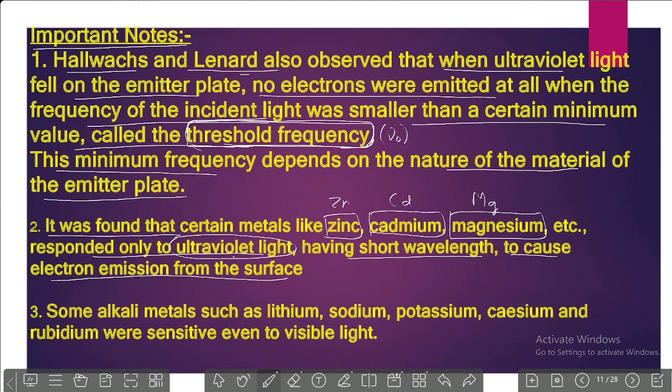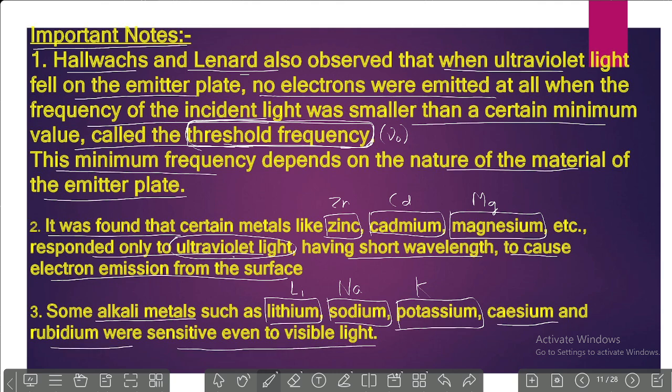Similarly, some alkali metals like lithium, sodium, potassium, remember, lithium symbol Li, sodium Na, potassium K, cesium Cs, and rubidium are sensitive to visible light. So lithium, sodium, potassium, rubidium and cesium are sensitive to visible light. This is the observation we got from the experiment.